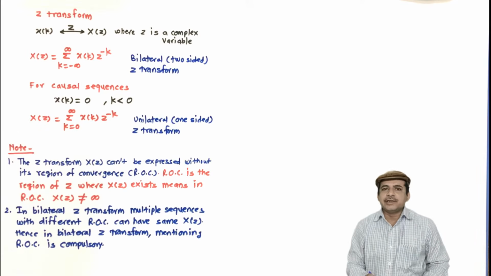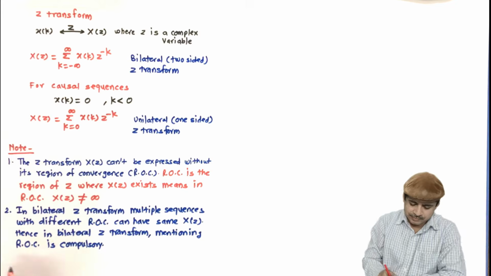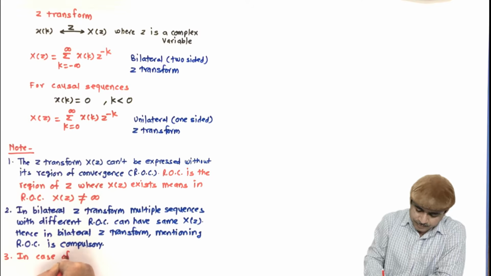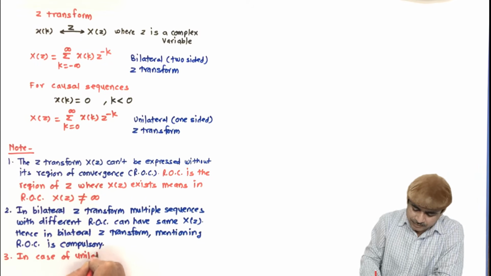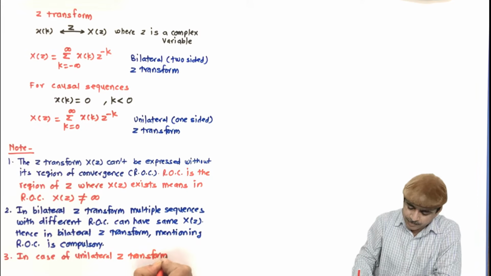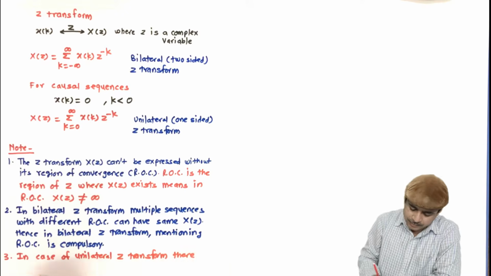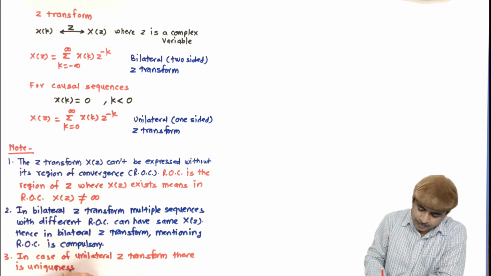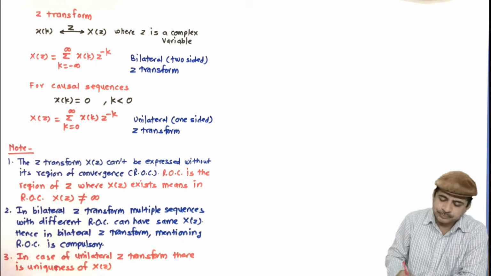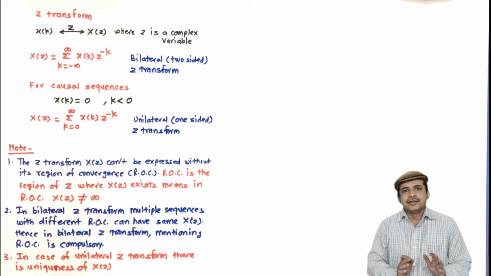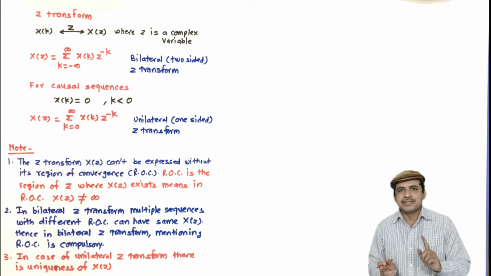Now what happens in case of unilateral Z transform? There is uniqueness of x of z, and hence though ROC exists, you are exempted from mentioning it.